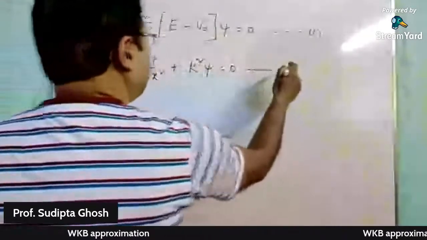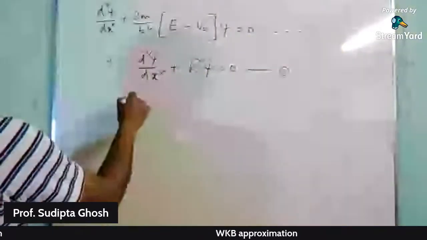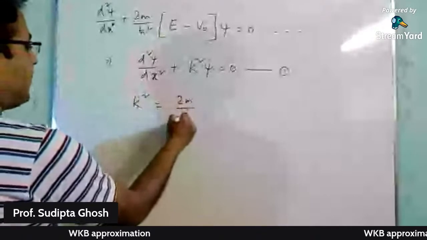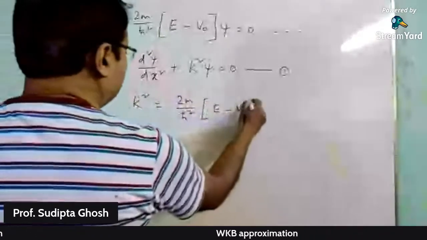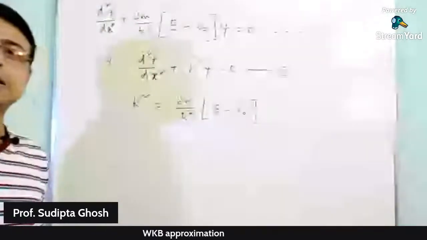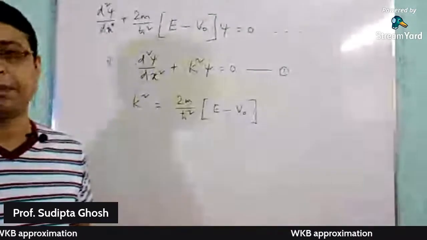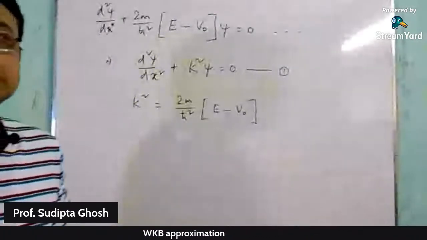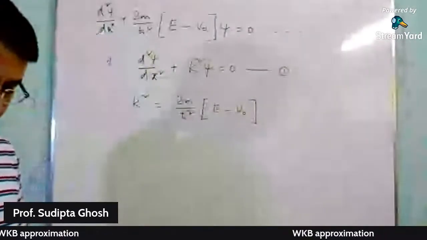Let it be equation 1, where k square equals 2m by h cut square times E minus V0. Here V0 is a constant, as this is the equation of a particle moving with a constant potential V0, and this is the one-dimensional Schrodinger equation.